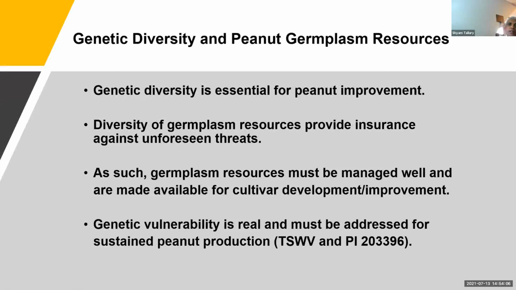Going back to genetic diversity and germplasm resources, genetic diversity is deemed essential for crop improvement, for peanut improvement. It's believed that genetic diversity lends resilience to crops against future threats. As such, it's important to preserve these germplasm resources.